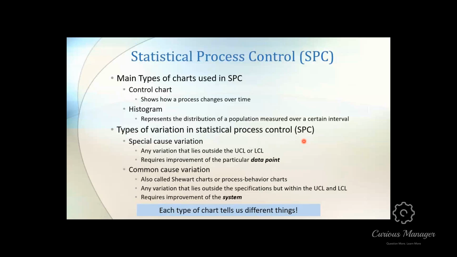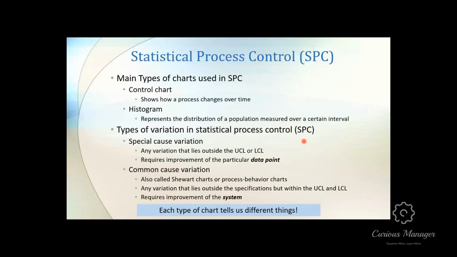Okay, and this is the plus or minus 3 standard deviations. So if we get special cause variation, basically something has fallen outside of the upper control limit or the lower control limit. In that case, it requires improvement of the particular data point. Basically that one data point has something that is operating outside of the system norms. So you look at that to see if you can correct it.